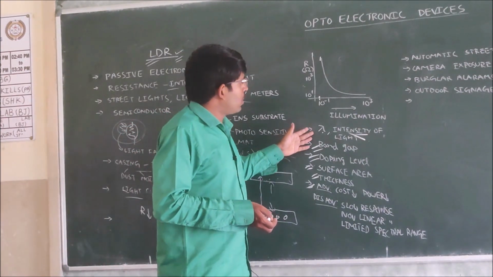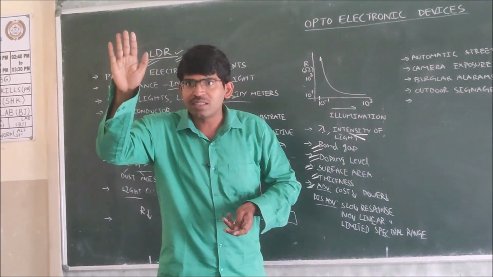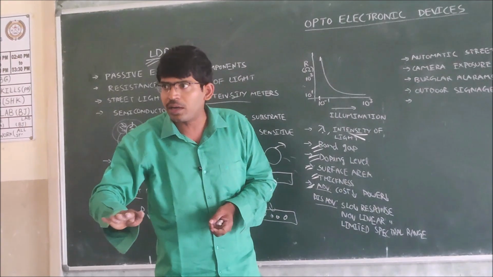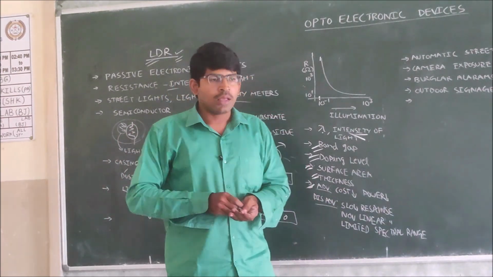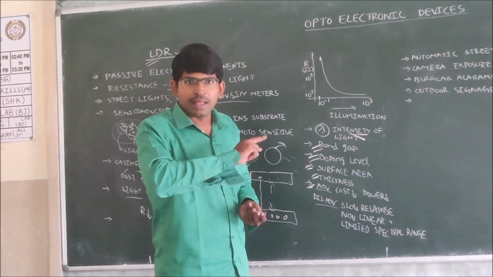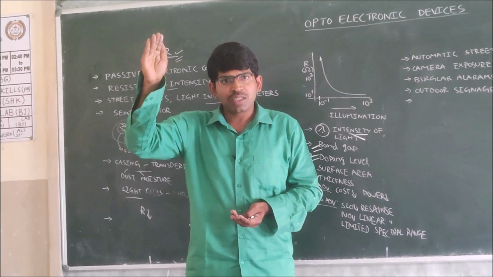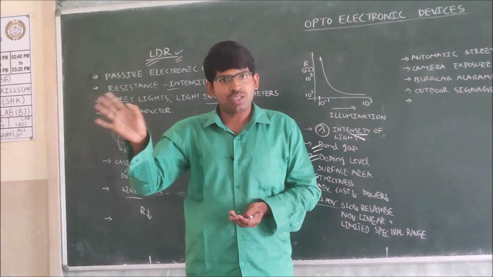Okay, now we are also mentioning, for each light, is the resistance decreasing in the same manner? No. When the wavelength of the light is changing, how much resistance is decreasing is also changing.